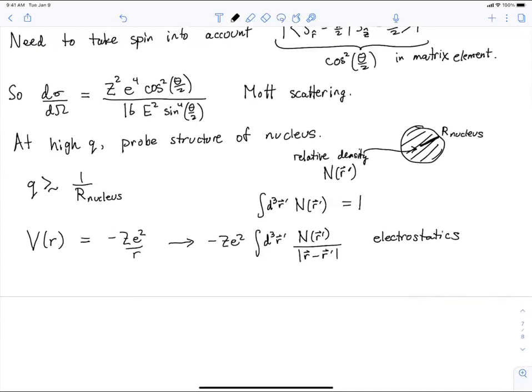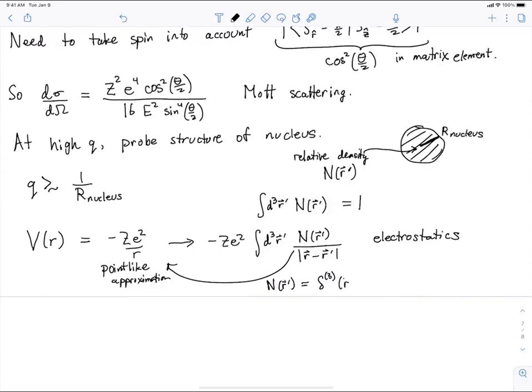Okay, and then if I put back that my n was a delta function, that would bring back this. This is the point-like approximation, point-like nucleus. And so to get back, what I would do is I would say, let my relative density function be a 3-dimensional delta function.